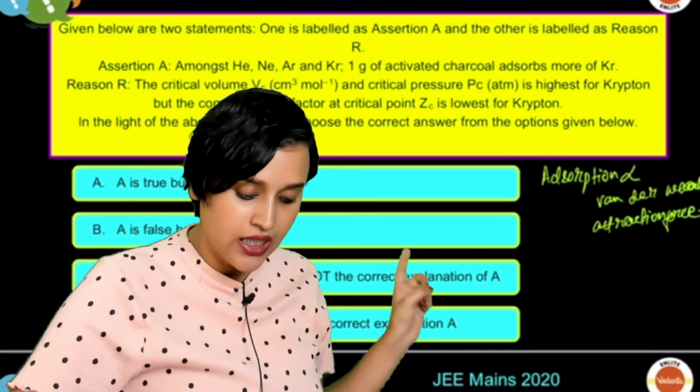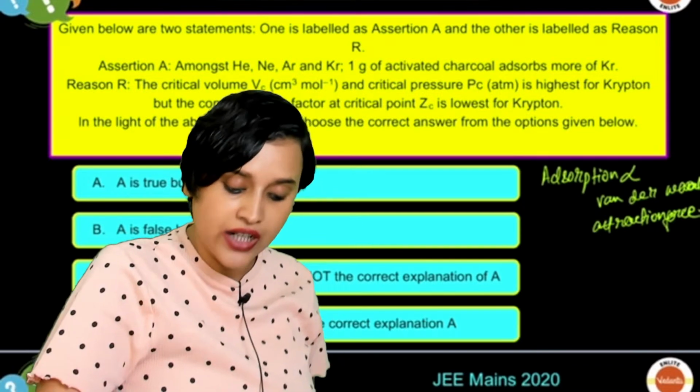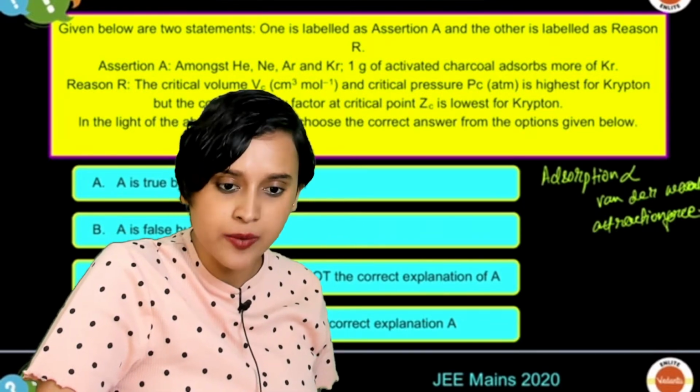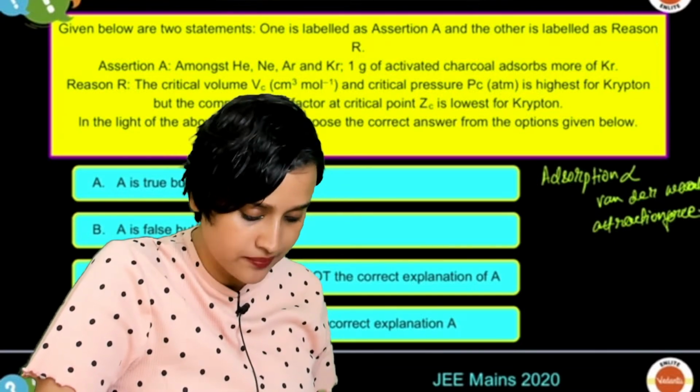So that means that amongst helium, neon, argon and krypton, 1 gram of activated charcoal adsorbs more of krypton. Okay, all right, got it, clear.